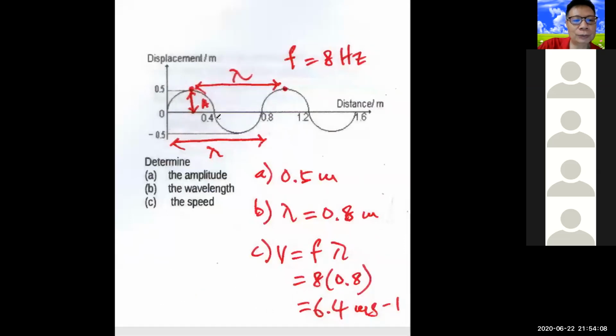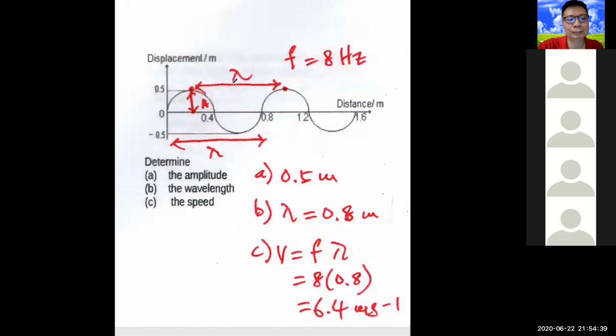From here to here, this distance is 1 lambda. If you want to take crest to crest, this is also 1 lambda. But here it is hard for you to find the number, correct or not? You must know that from here, one complete oscillation, this is also 1 lambda, 0.8. Here to here is also 0.8. You find a number here, find a number here, then you get the same answer.